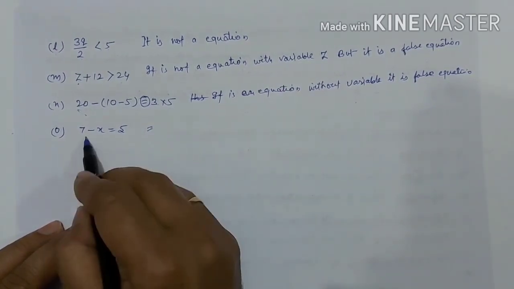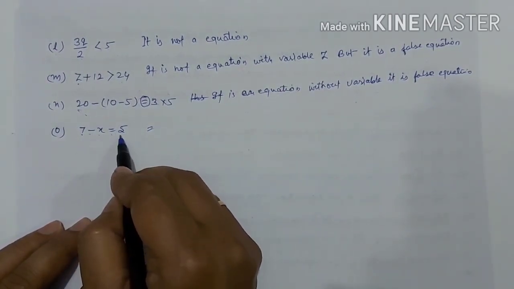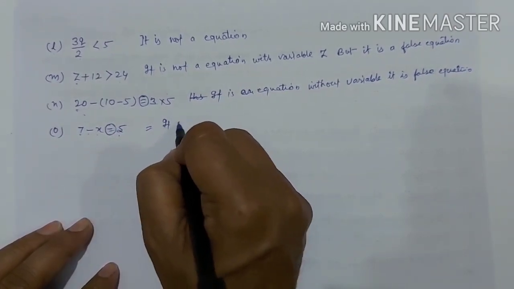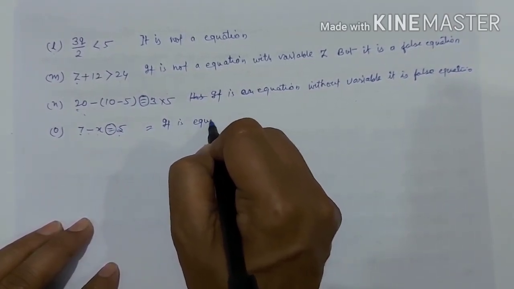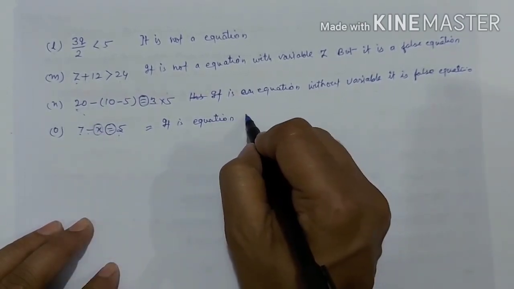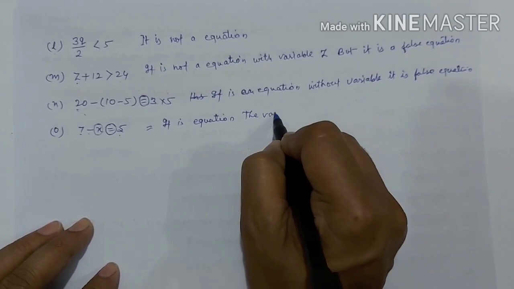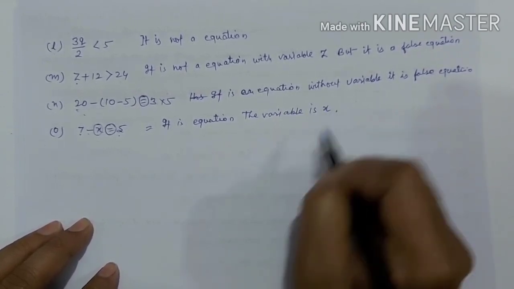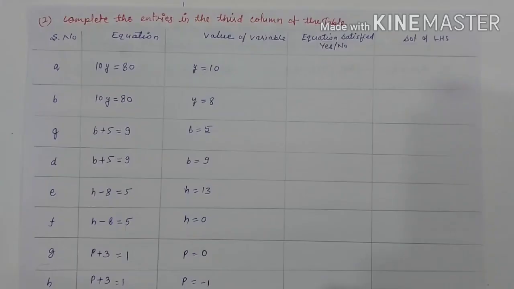And next is 7 − x = 5. It has an equal to sign, so it is an equation, and the variable is x.